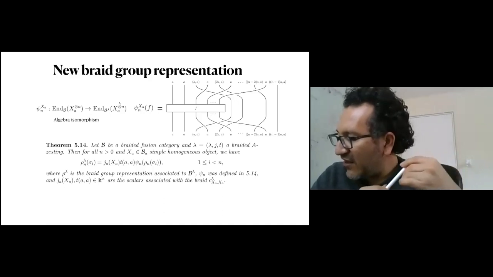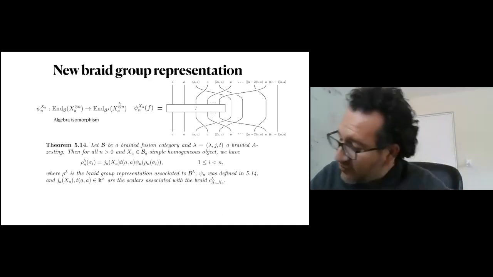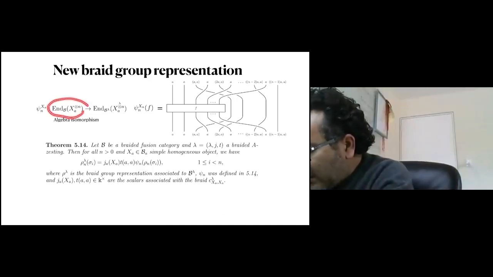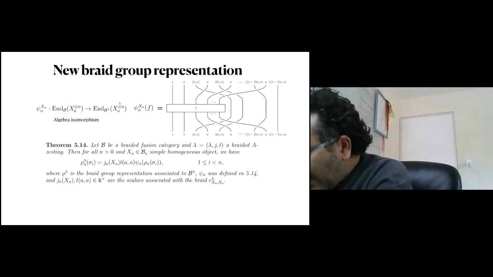In some sense, they are equivalent, because there is a natural isomorphism between the endomorphism algebras of the powers of the simple objects before and after applying the zesting.